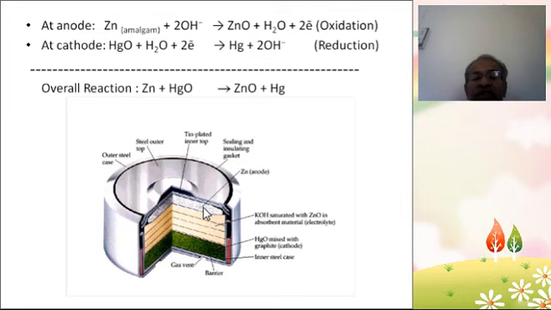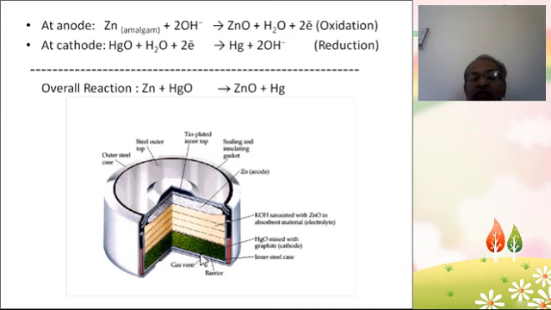And this is the zinc powder, which acts as the anode. Here the mercury oxide mixed with graphite acts as the cathode. So this is the cathode, and this is the anode.